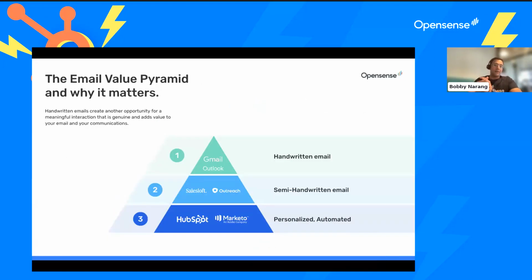But to highlight this, we've developed a concept we call the email value pyramid. And I think Peyton's post on LinkedIn helps to illustrate the concept here, which is that you've got a lessening of importance of message based on where it sits on the email value pyramid.